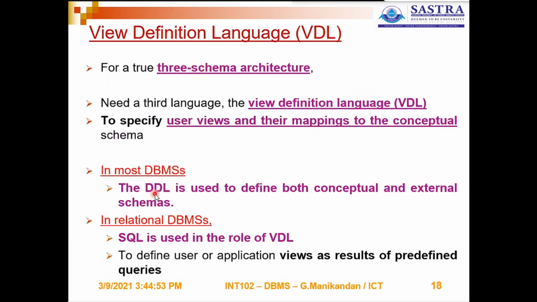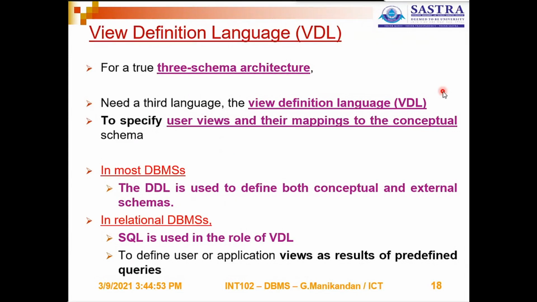So the third language is the view definition language. The thing is to specify the user views. In a three-schema architecture, you are going to have three different layers. So this is with respect to your external view. To specify the user view and their mapping to the conceptual schema, you can use the language called DDL.